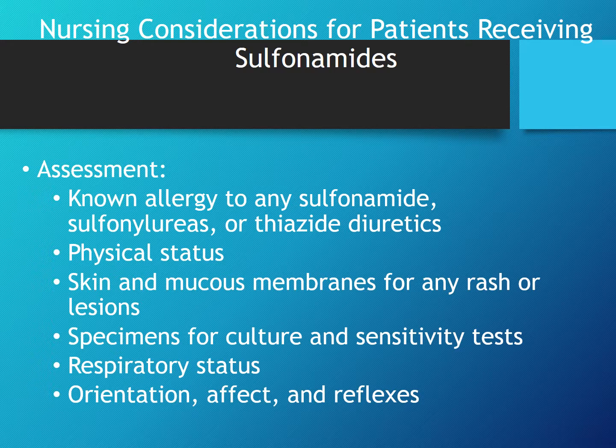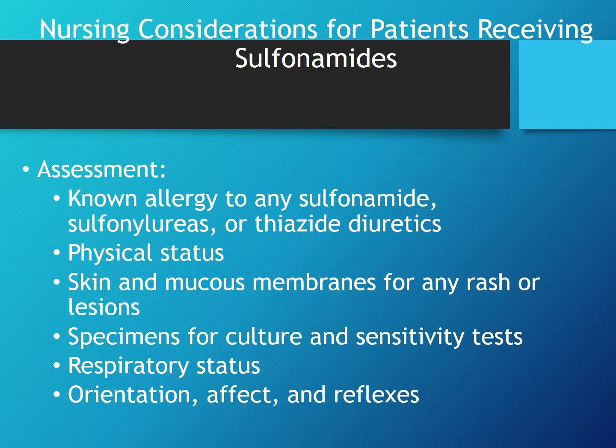Nursing considerations. Again, we want to assess for allergies to sulfonamides, sulfonylureas, or thiazide diuretics. We want to know about their physical status, their skin, their mucous membranes, and look for any signs of allergies.